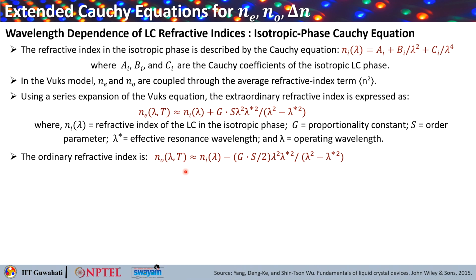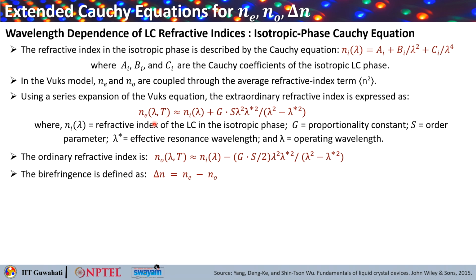Similarly, you can write the ordinary refractive index as No lambda T approximately equal to Ni lambda minus G into S by 2, then you have lambda square lambda star square divided by the difference between these two.